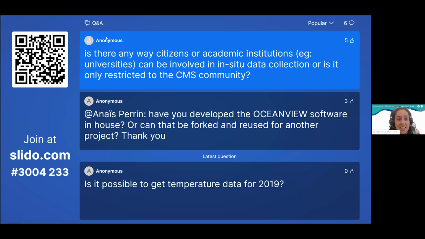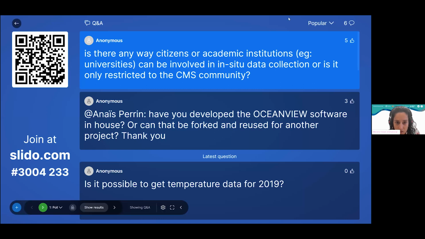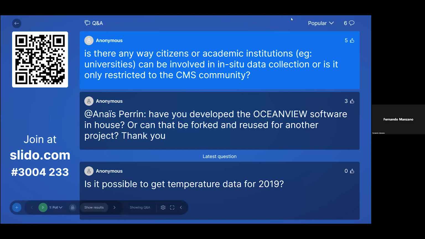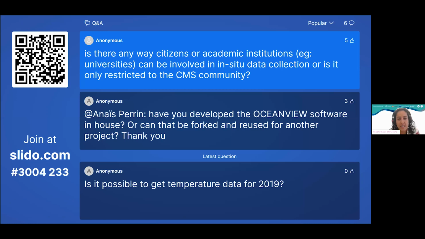So the question is: is there any way citizens or academic institutions, for example, universities, to be involved in in situ data collection, or is it only restricted to the CMEMS thematic centers community? I don't know if the question is about contributing to provide data. Yes, I understand it like that. If that's the case, of course, we are completely open to ingest more and more data. So we are fully interested in everything.